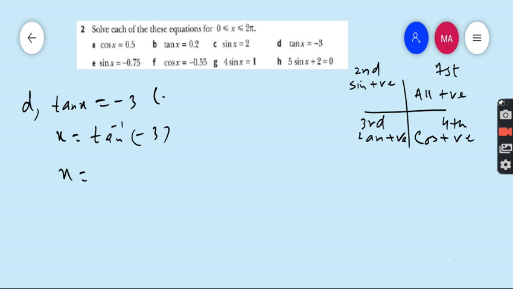And tan is negative in the second quadrant and in the fourth quadrant. So first find tan inverse minus 3. You will get minus 1.24.